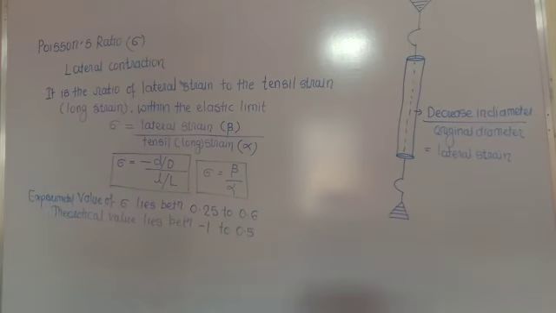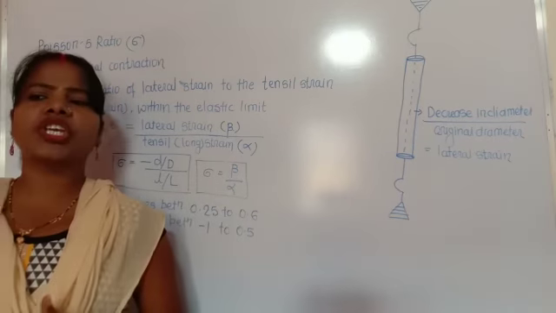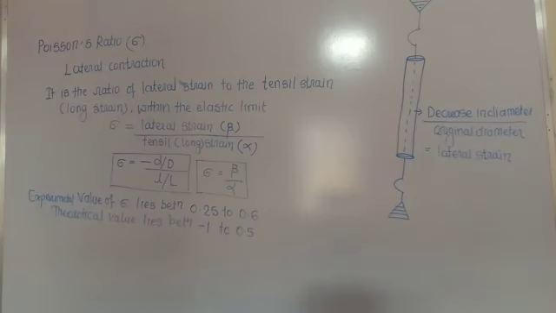Then again, if alpha is the change in length per unit stress P in the direction of stress, therefore alpha is equal to longitudinal strain divided by longitudinal stress.